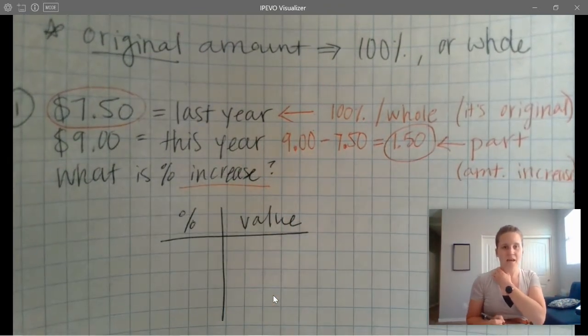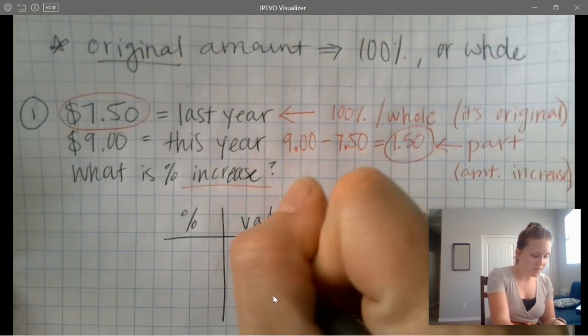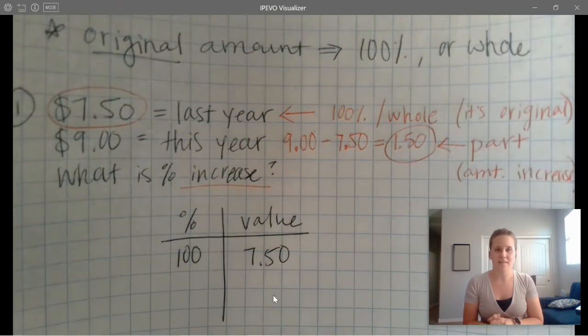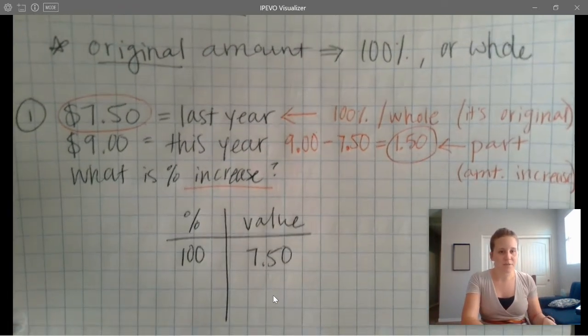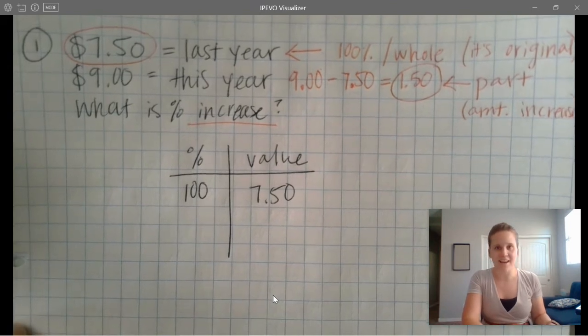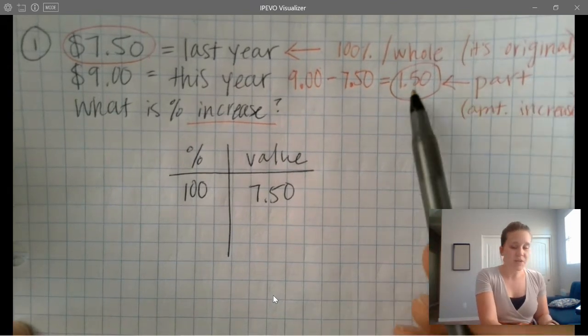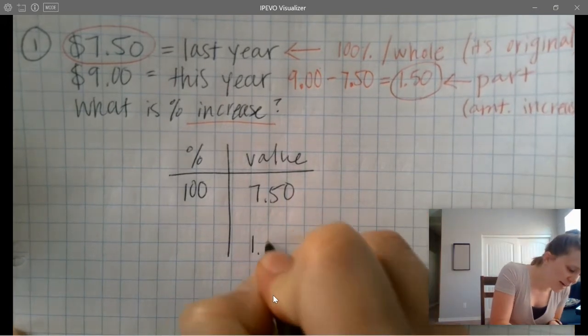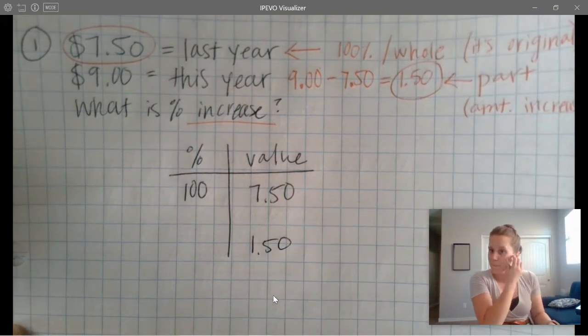Okay, I know the whole, the original amount was $7.50, and that represents 100%. All right, I've got decimals in here, which means my multiplication might not work nicely. That's okay, we'll talk about a way to figure that out. I also know that the amount of increase, my part, is $1.50.